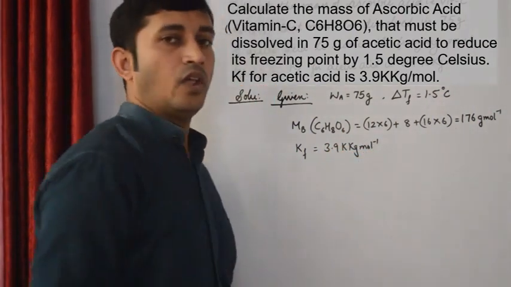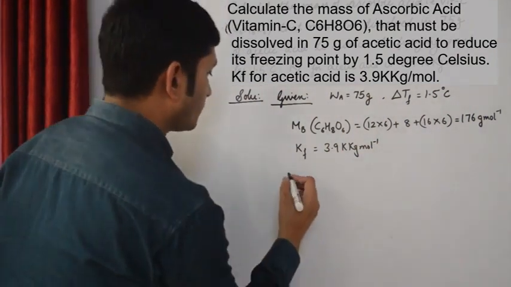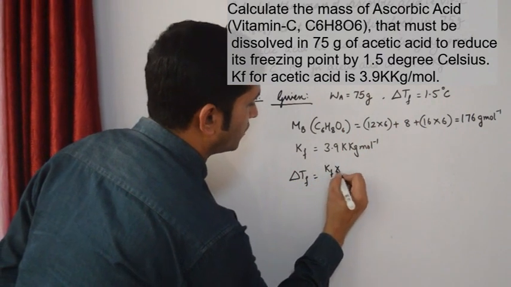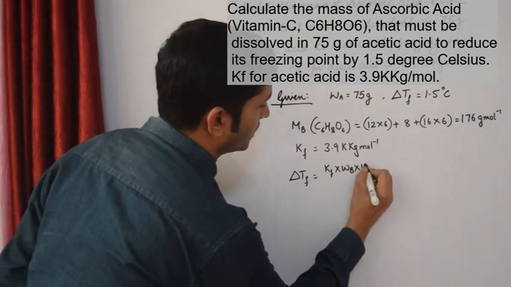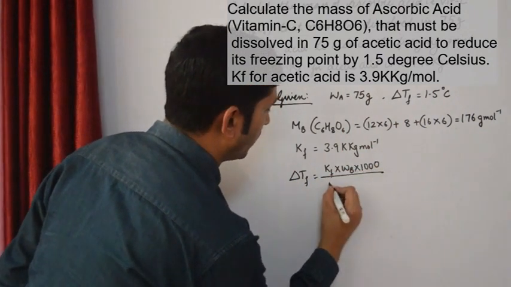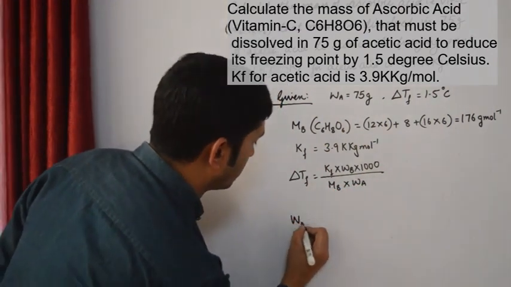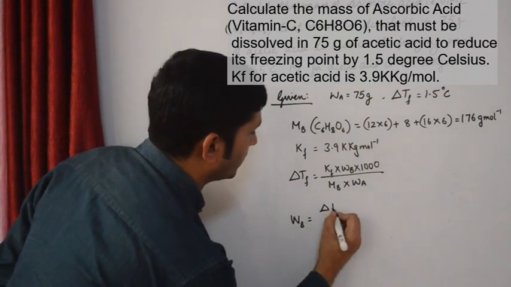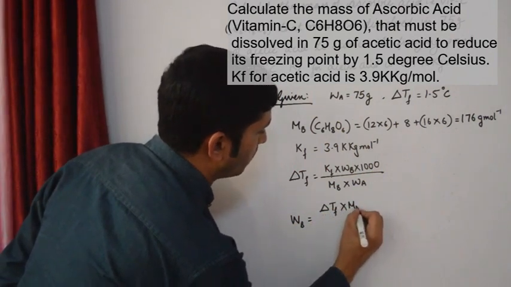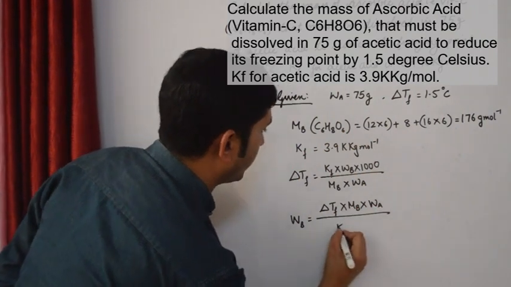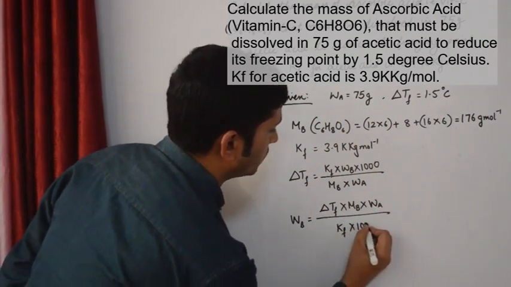Now, by using formula, delta TF is equal to KF into WB into 1000 upon MB into WA, we can calculate WB is equal to delta TF into MB into WA upon KF into 1000.